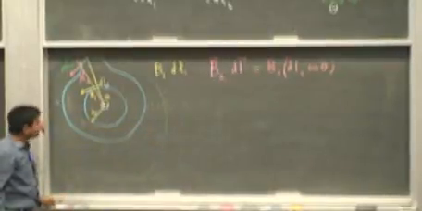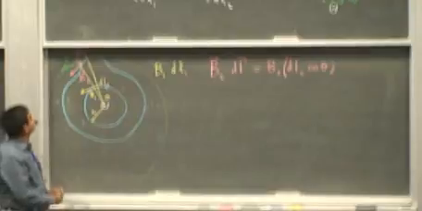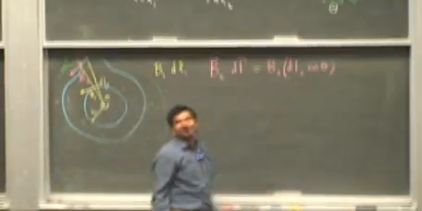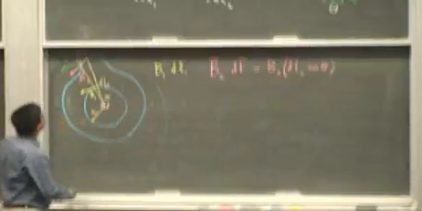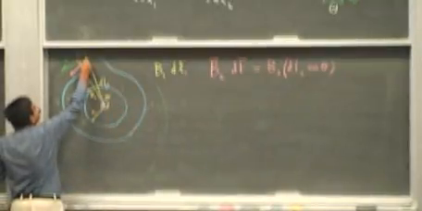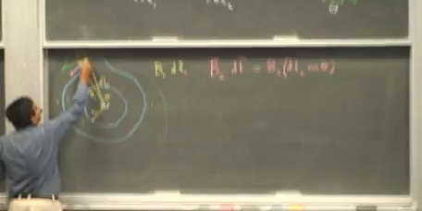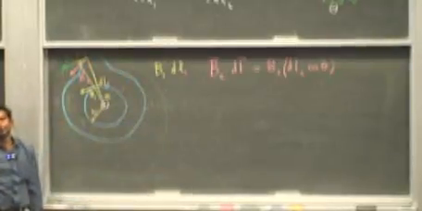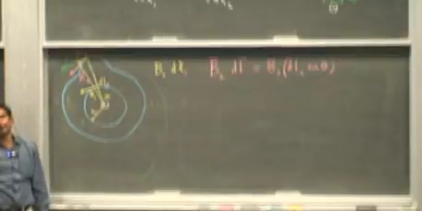Now what is dl2 cosine theta? dl2 cosine theta is simply this arc length. This is the length of the arc on this hypothetical circle that I draw, if dl is really small.